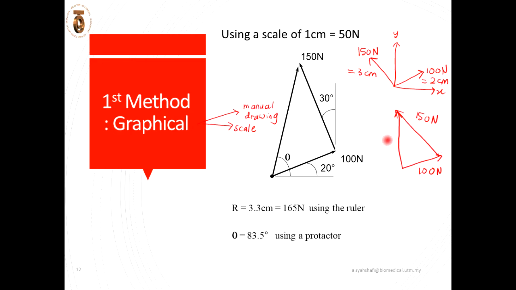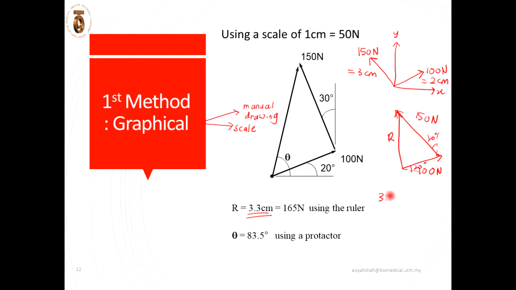So this is the resultant force, and this is 30 degrees and this is 20 degrees. So for the resultant here, you use a ruler, and based on the ruler you get 3.3 centimeters.